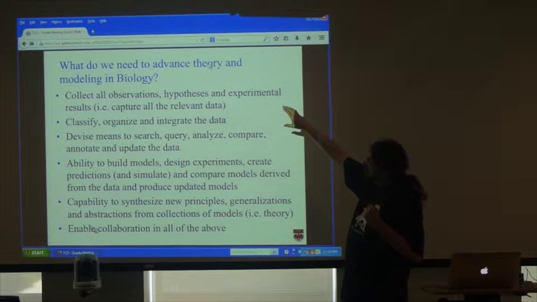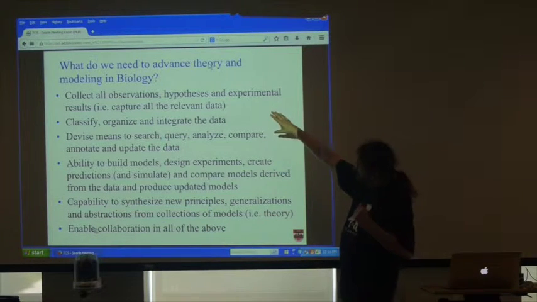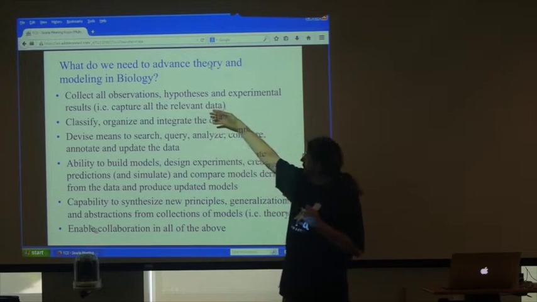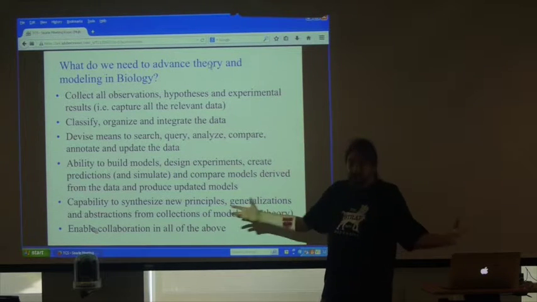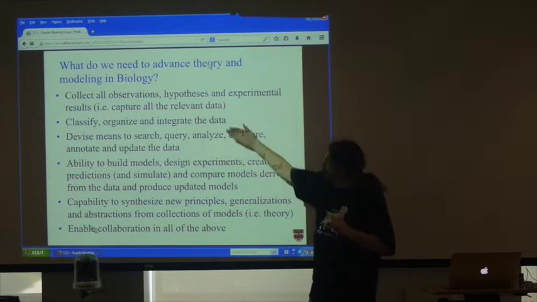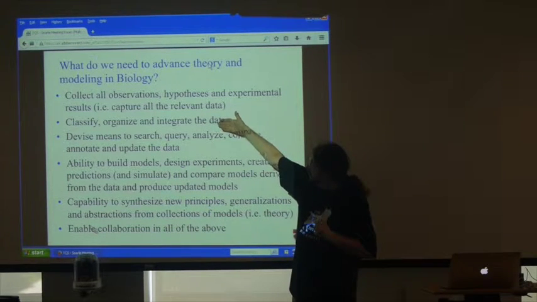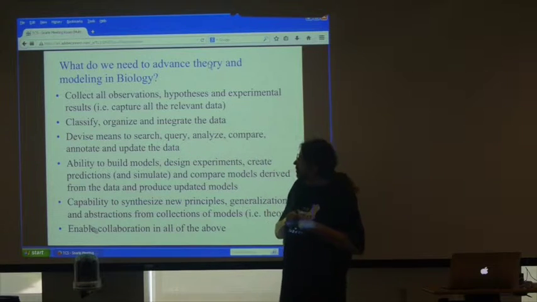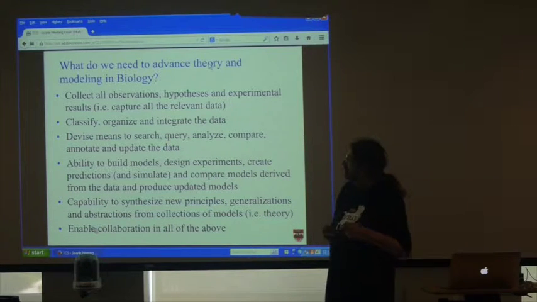Well, what we think we need to do is collect a lot of observations, hypotheses, and experimental data. So we collect both what we've measured and what we hypothesized. We organize this in some clever way. We devise means to search it, query it, analyze it, compare, add nodes, annotate, update, and so on.